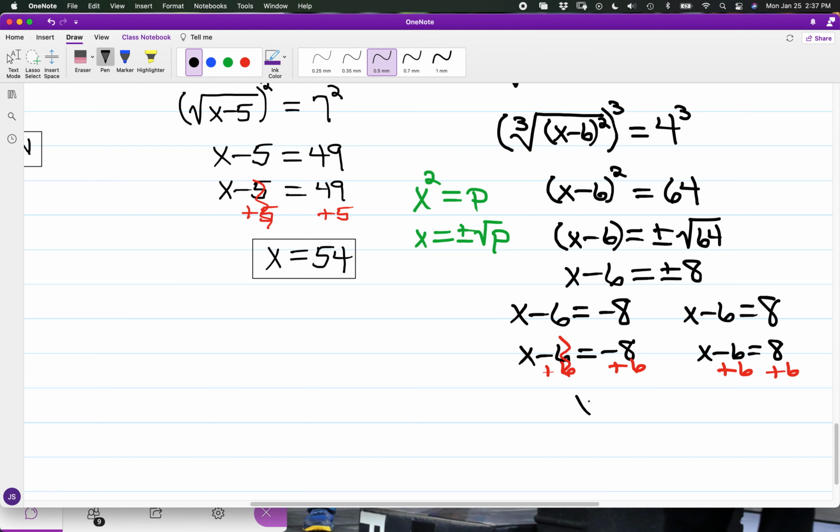So that is going to be negative 2. And for x minus 6 equal to 8, if I add 6 to both sides, we're going to have that x is equal to 14. So we're going to have a couple of solutions for x: negative 2 as well as 14.